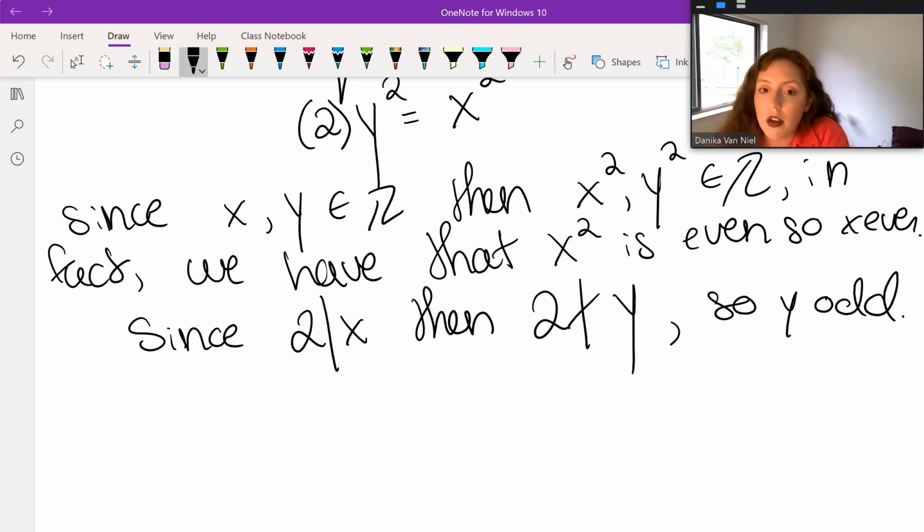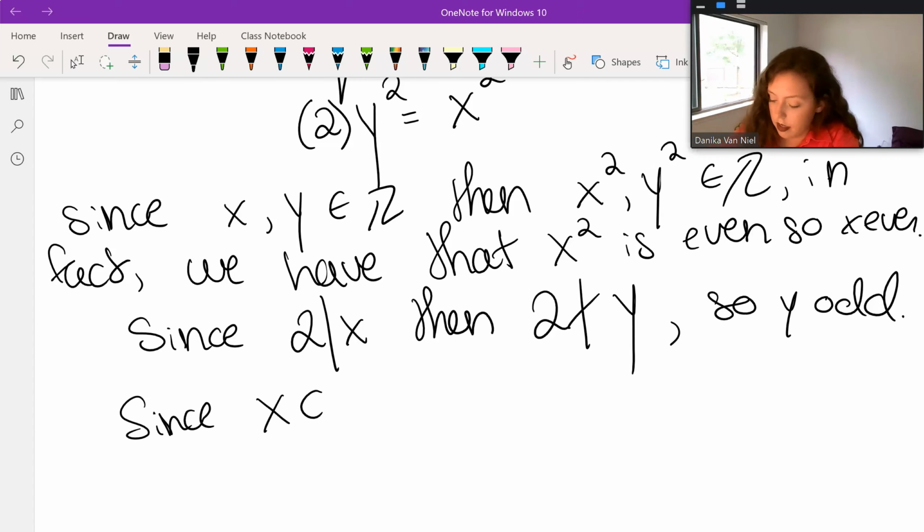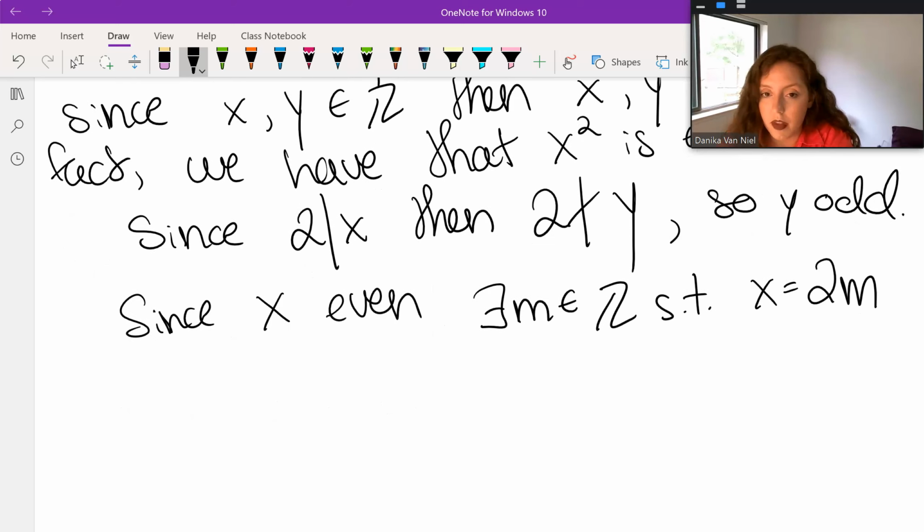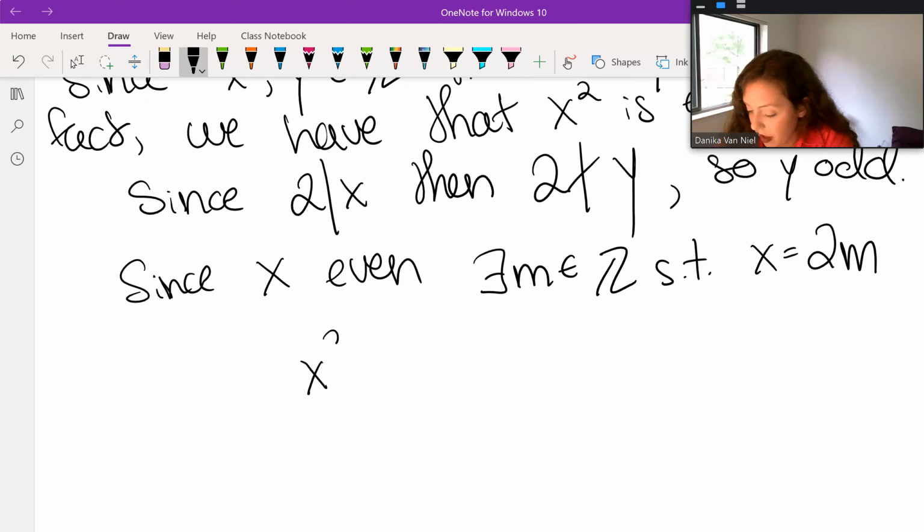Okay? All right, so we could approach this 2 ways. Let's start with talking about x. So since x is even, there exists, let's say, m in the integers such that x equals 2m. Then we have x squared equals 4m squared.